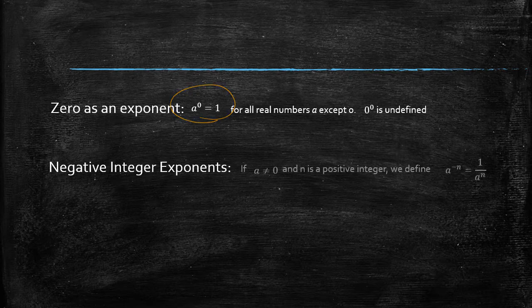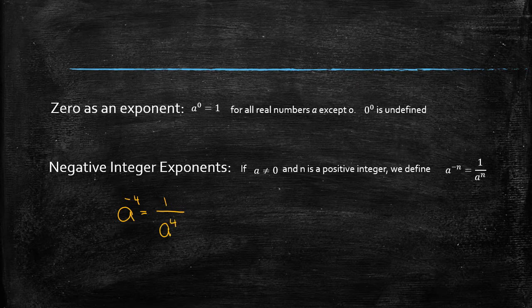Okay, exponents. So if a is not 0 and n is a positive integer, then a to the negative nth power can be written as 1 over a to the n. So for example, if we have a to the negative fourth power, we could write this as 1 divided by a to the fourth.